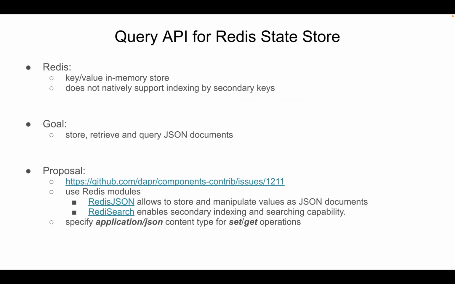So Redis, by definition, is a very lightweight key value in-memory store, and it does not natively support indexing by secondary keys. And our goal is to manipulate the JSON objects inside this store, meaning that we would like to store, retrieve, and also query the documents.